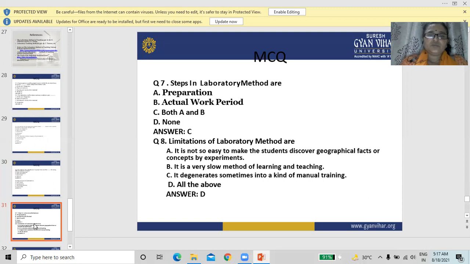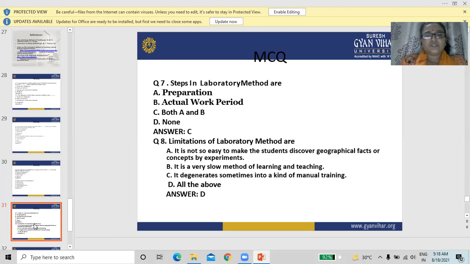Next MCQ. Limitations of laboratory method are: it is not so easy to make the students discover geographical facts or concepts by experiment. Next option is, it is a very slow method of learning and teaching.